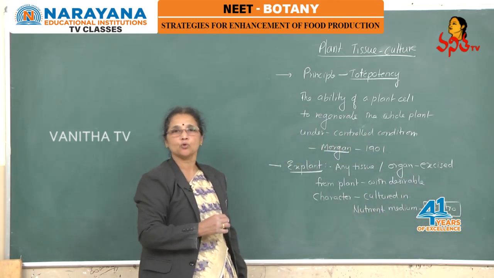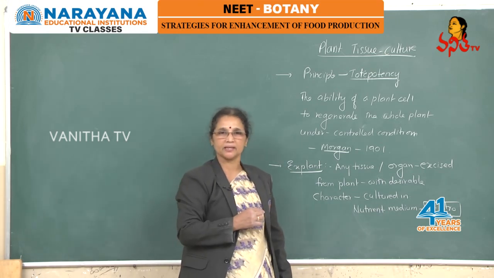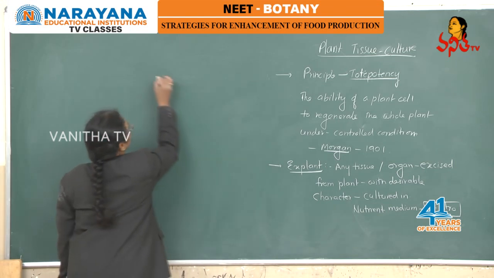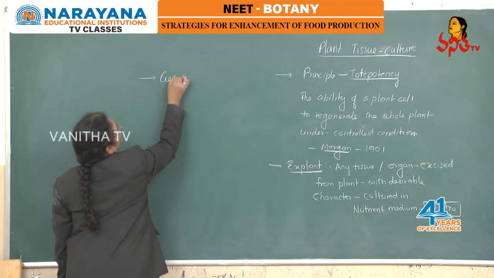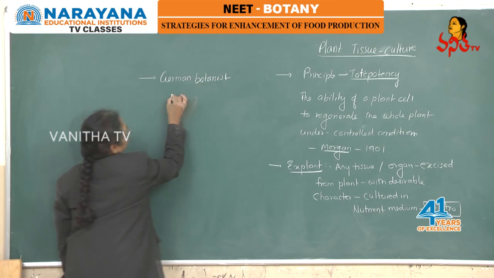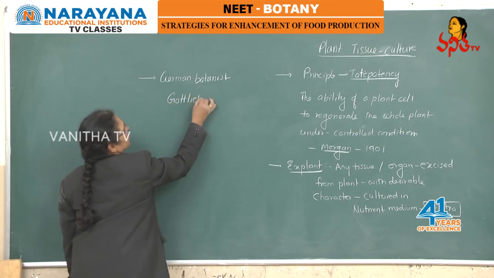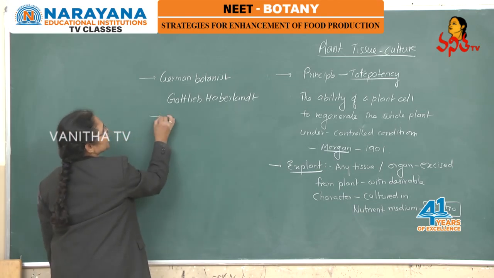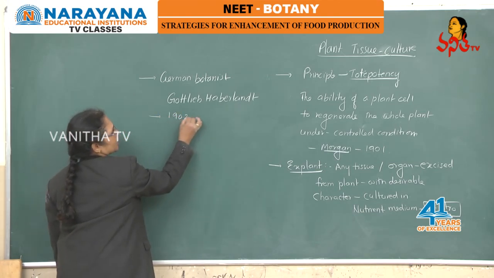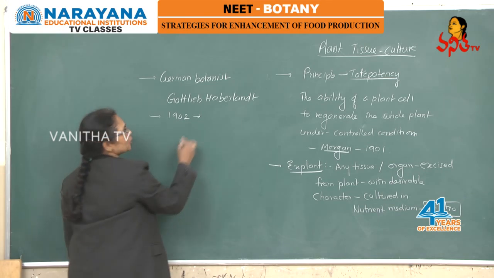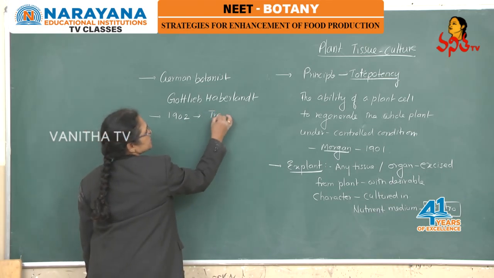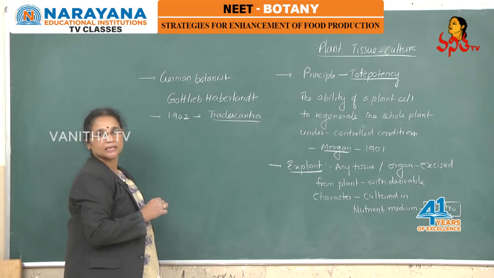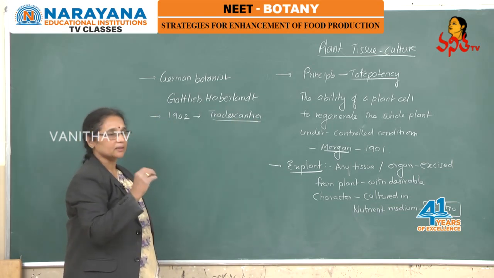Then who initiated this program first? He is a German scientist, a German botanist by name Gottlieb Haberlandt. He first initiated this program in the year 1902 by taking the isolated cells of Tradescantia. He developed the plant by using the isolated cells of Tradescantia. Right children?